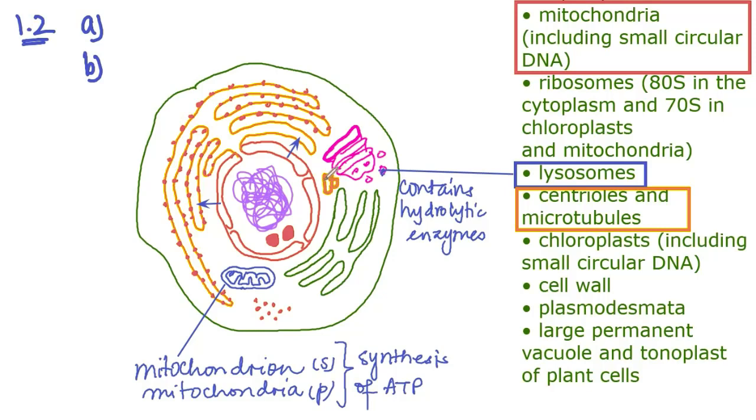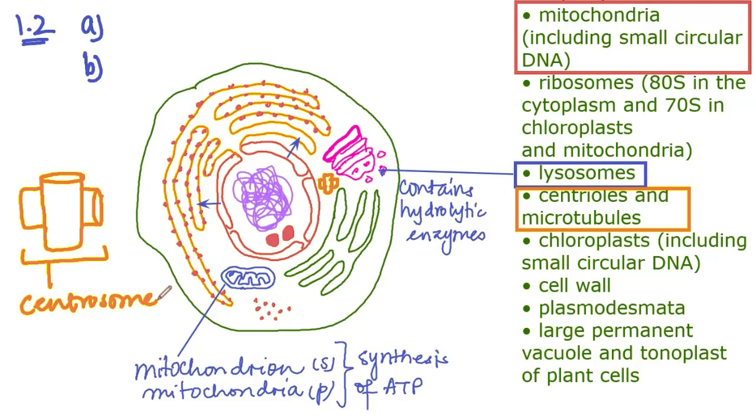It is a plus-shaped organelle, made up of two cylindrical objects. I'm going to draw them separately outside the cell, and you can see these two cylindrical objects are present at a right angle to each other. These two cylindrical structures as a whole are called the centrosome.